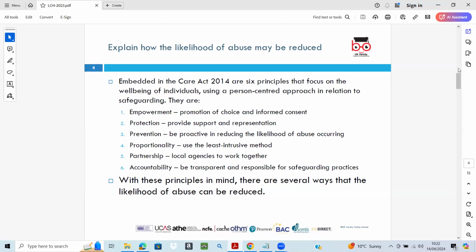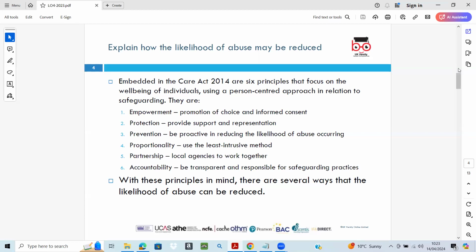Then we will move on to prevention. Prevention allows being proactive rather than reactive. What are some ways we can proactively prevent abuse?